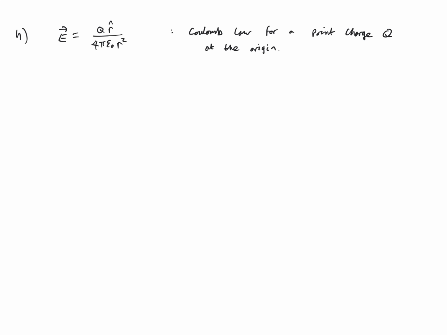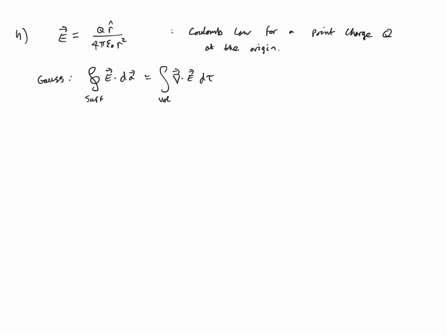Good. Let's use Gauss's law and express the field flux through some surface in terms of the divergence of the electric field integrated over some corresponding volume.